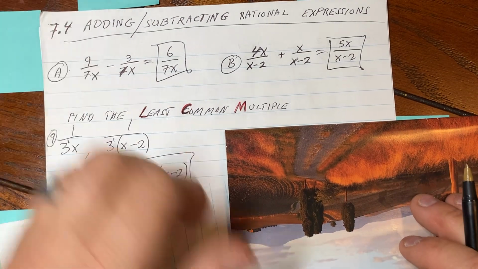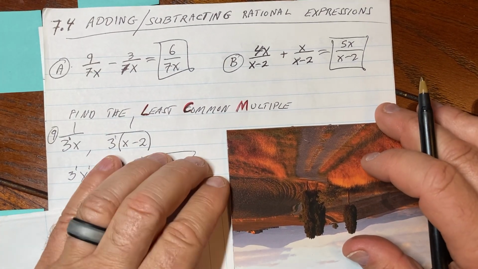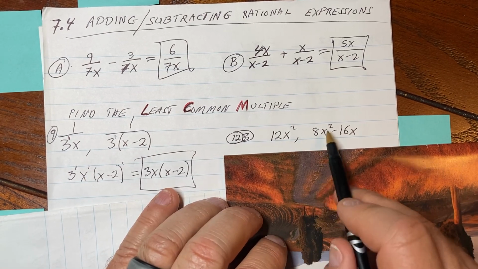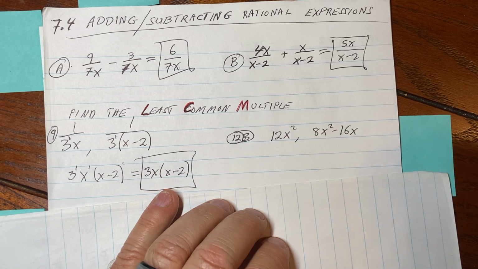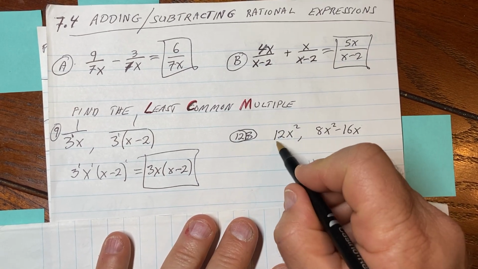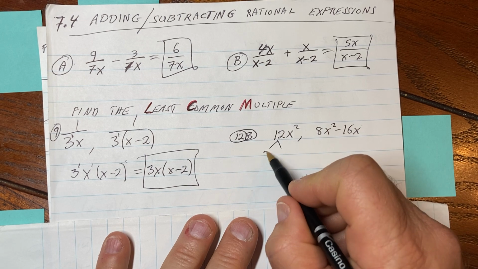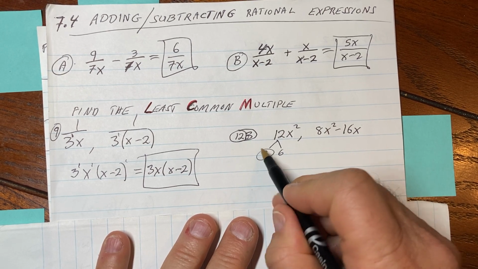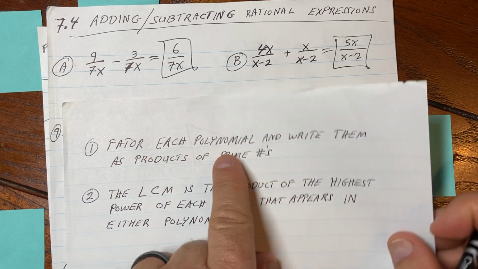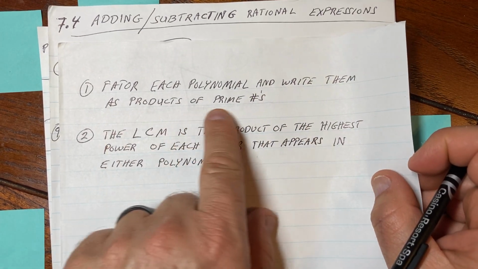Okay? Least common multiple. Now it starts getting a little more difficult. What if you have this stuff? What's the least common multiple of this stuff? Can you factor this? Yes. Factors of that are 2 and 6. What we're doing here is we have to factor each polynomial and write them as products of primes.